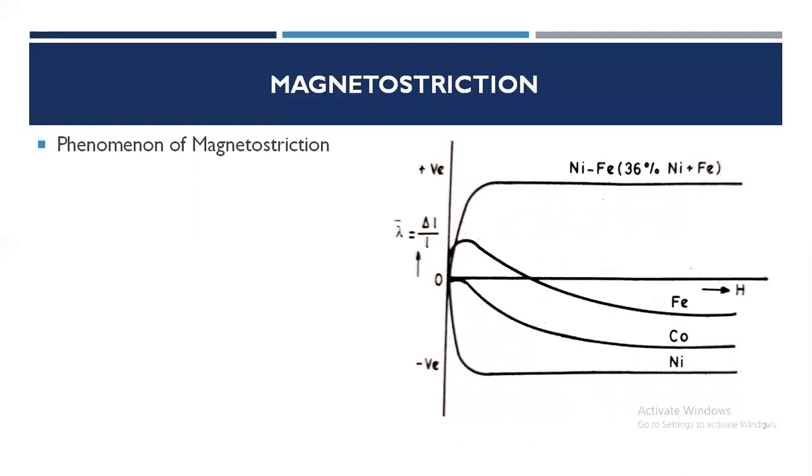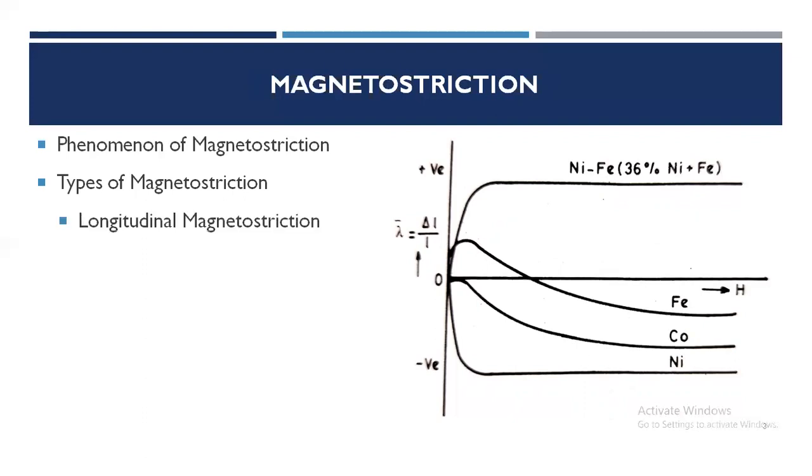Three types of magnetostriction are referred to. First is longitudinal magnetostriction. Longitudinal magnetostriction is the change in length in the direction of magnetization. This change may be an increase or decrease in length.